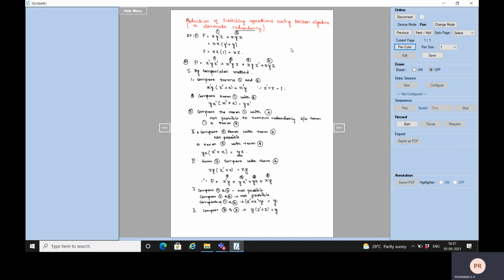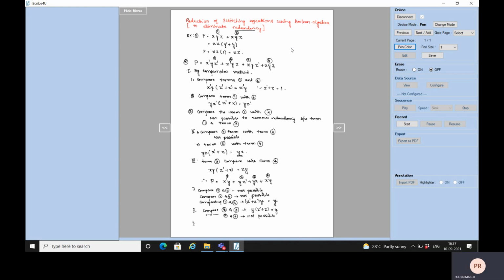So we will get y. Again, comparing 2 and 4, it is not possible, so it is not able to reduce further.